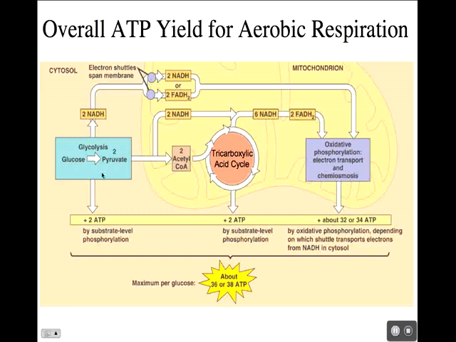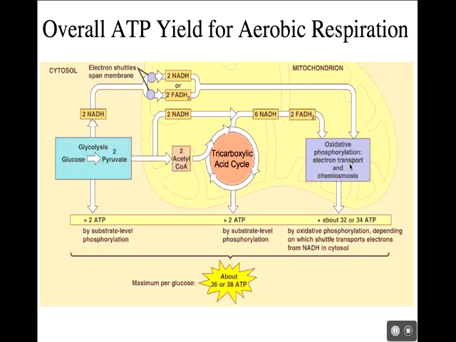So if we add up the NADHs that are going into the electron transport system, 2 went in from glycolysis, right? 8 NADHs are going in from the tricarboxylic acid cycle. So that means a total of 10 NADHs are going into the electron transport system. Remember that the cell gets 3 ATP for every 1 NADH.